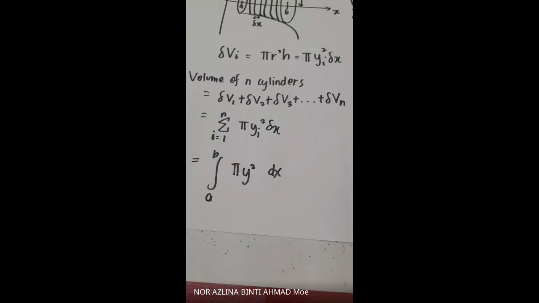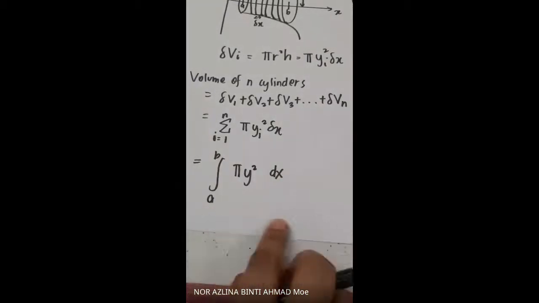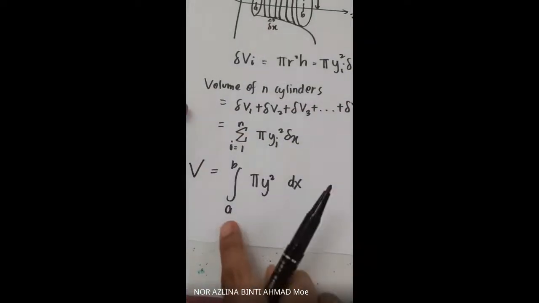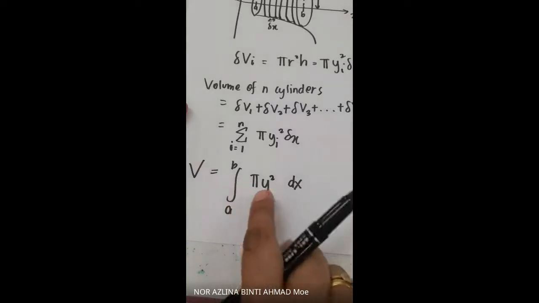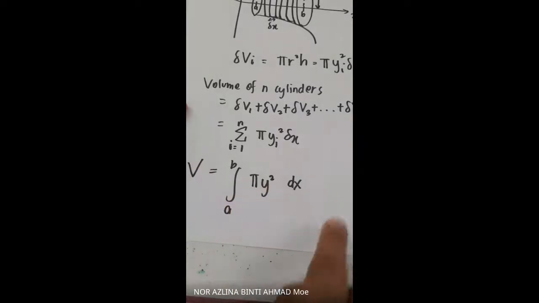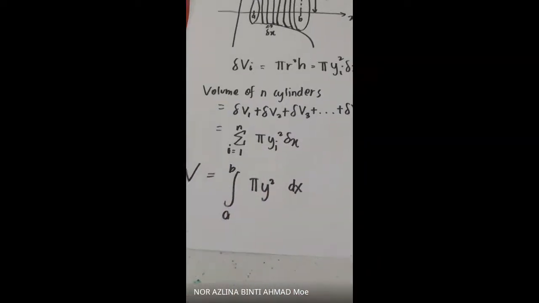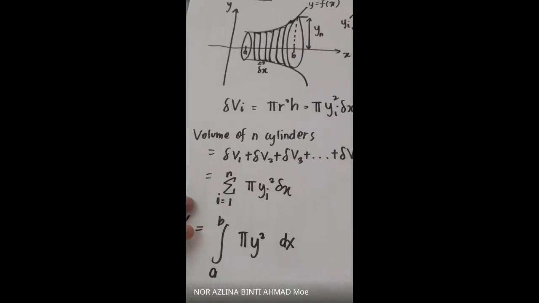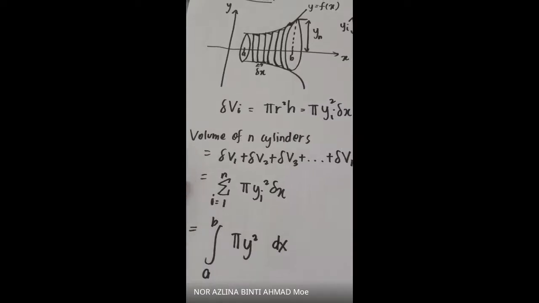Silap-silap soalan awak, dia suruh buktikan macam mana dapat this formula: volume, integrate from a to b pi y squared dx. Boleh jadi soalan dia tanya macam ni, kita kena tahu. Setakat ni boleh faham?